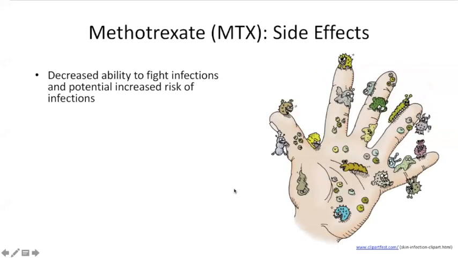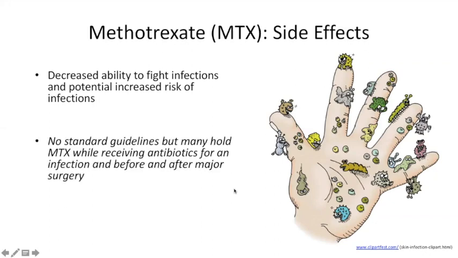Another side effect that can be seen in general, as Dr. Kern mentioned, with the medications that affect the immune system, because they're doing what we hope they'll do to help fight the juvenile myositis symptoms by turning down the immune system, it also decreases your immune system's ability to fight infections, so there's a potential increased risk of those.